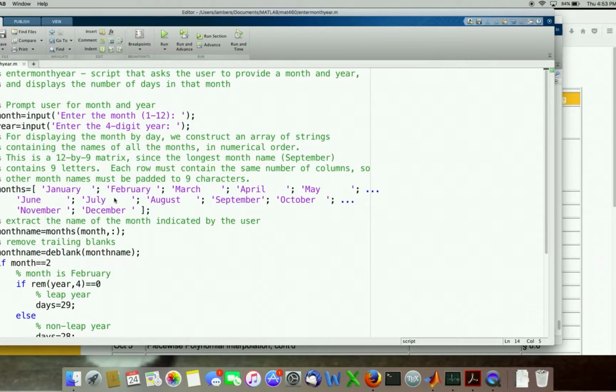So that's why we have so many spaces here, except for September, which is the longest month name. This line, if I did all one line, it'd be very long. So I can put a ... at any point, and that ends the line, but it allows me to continue the statement onto the next line.